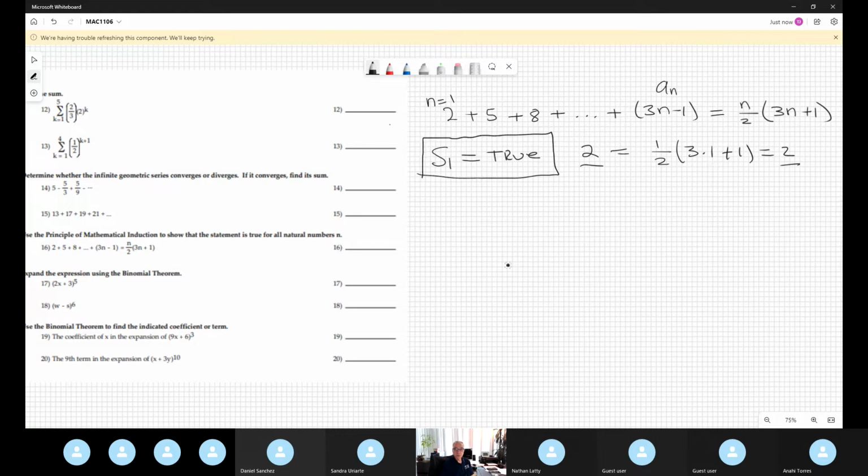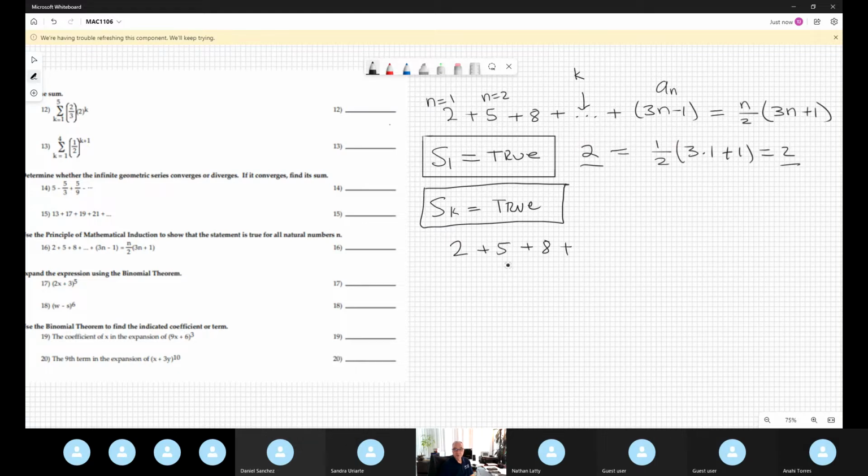Okay. Now, you try n equal 2. You see that again it's true. But you need to apply it to infinity, which is impossible to do one by one. So you suppose that for one arbitrary position k in the middle, S sub k is true. This is the supposition. And this is super easy, because this is equivalent to writing 2 plus 5 plus 8 plus ... you don't finish at n, you finish at k.